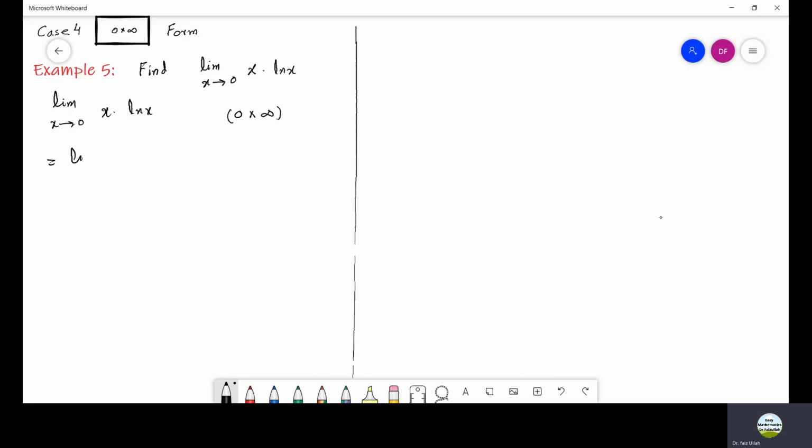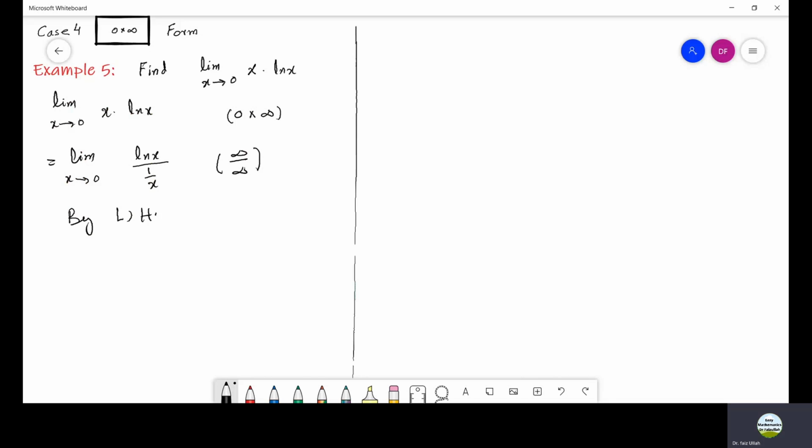So let us simplify this in such a way as to get 0 by 0 form or infinity by infinity form. Let us write log x as it is and bring x to the denominator. So it will become 1 over x. Now if we plug in x is equal to 0, we get infinity by infinity form. So now we can use the L'Hopital rule.